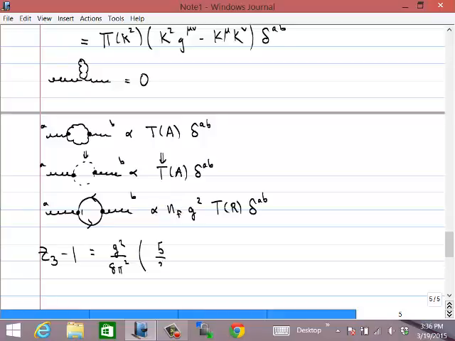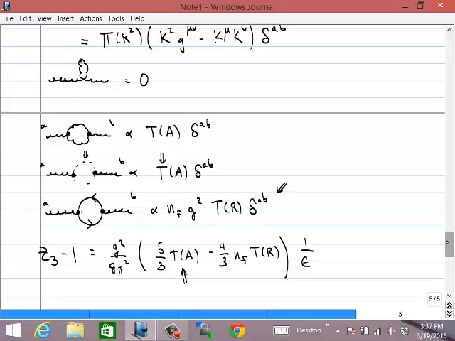You get a 5/3 times T of A minus 4/3 times NF T of R. So the NF T of R comes from this term, and the T of A contribution comes from the ghost and the gauge boson. Good. Everything clear so far? So this is the hard part of the calculation. Now we're going to get to the fun part. But before I get to the fun part, I just want to make sure that everyone's following me so far.